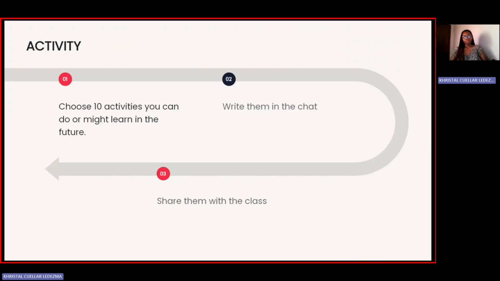I might make a party next month. All these are just examples that the students can listen to and take into consideration. So they have to write it in the chat and share them with the class.